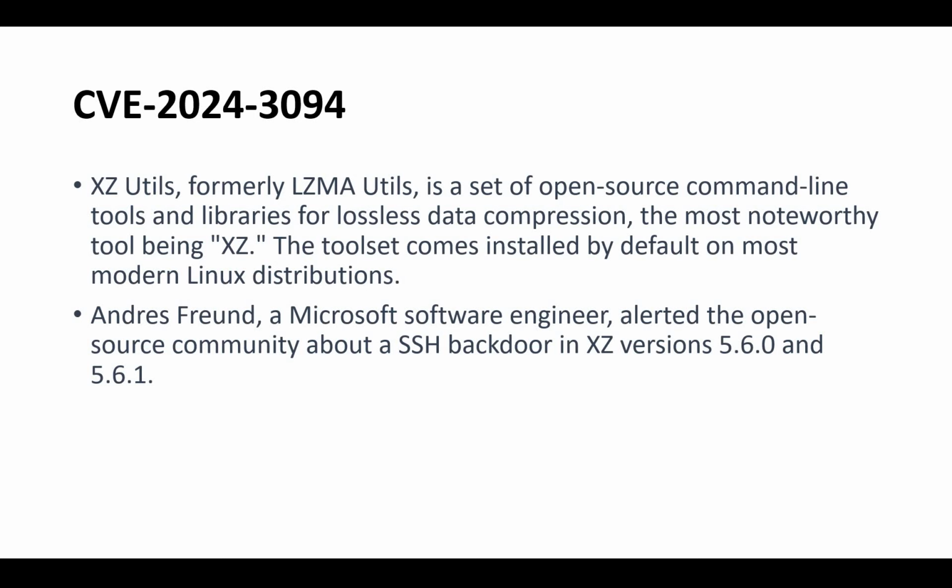XZ Utils, formerly named LZMA Utils, is a set of open source command line tools and libraries for lossless data compression, mostly a tool named XZ, and it comes installed by default in most modern Linux distributions.